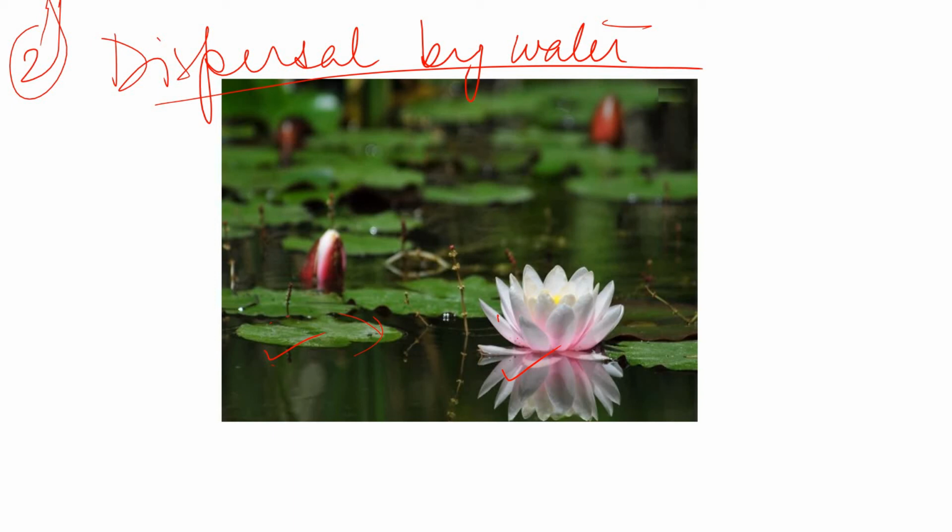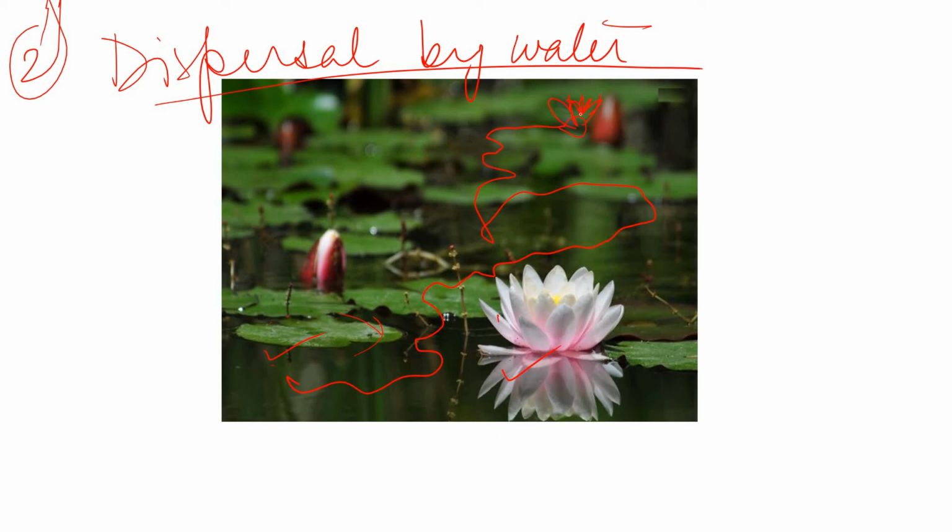So whenever you drop them in a bucket of water or a pond, these seeds or flowers or leaves are not going to get drowned, and so these seeds will keep on floating, and somewhere these seeds will find a suitable place and condition to germinate into another new lotus.